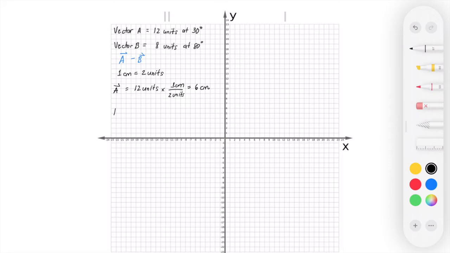Now for the vector B, so 6 centimeters at 30 degrees. Next, that would be 8 units for the vector B, that is 1 centimeter per 2 units, and therefore I will represent it with 4 centimeters, and we have here at 80 degrees.